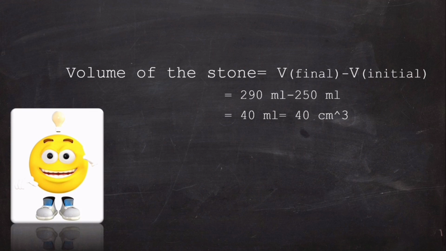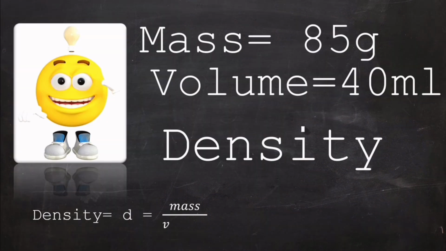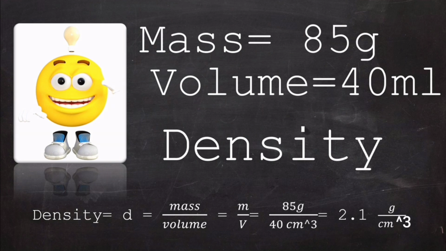However, because it is a solid object, it is better to denote that its volume is equal to 40 cubic centimeters. Therefore, having done the appropriate calculations, we conclude that the density of the stone is 2.1 grams per cubic centimeter.